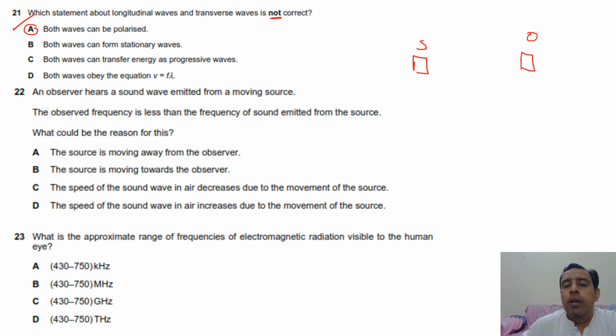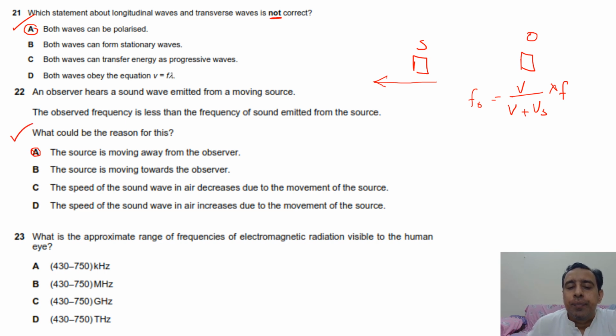If the observed frequency is less, it means the source is moving away. The observed frequency is V over V plus Vs into F naught, and this is going to decrease. So the source is moving away from the observer. Yes, it's right.